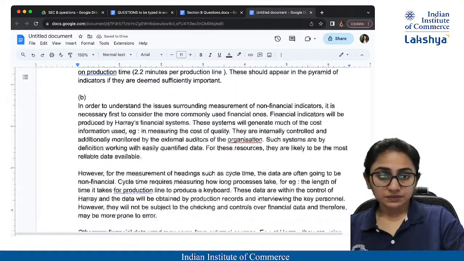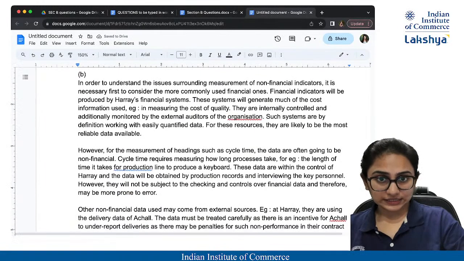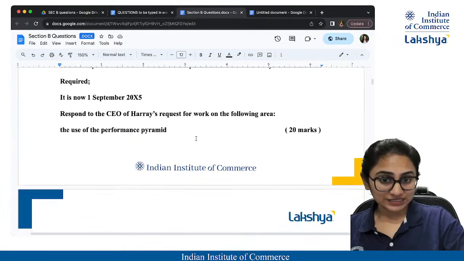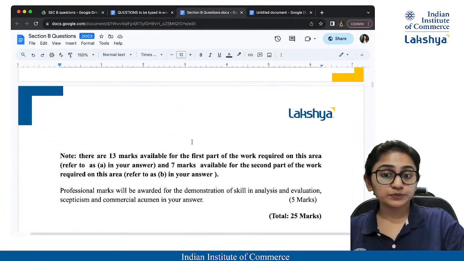So this is the B part, which is the non-financial indicators. So that completes your question for 20 marks, and 5 marks is for professional.